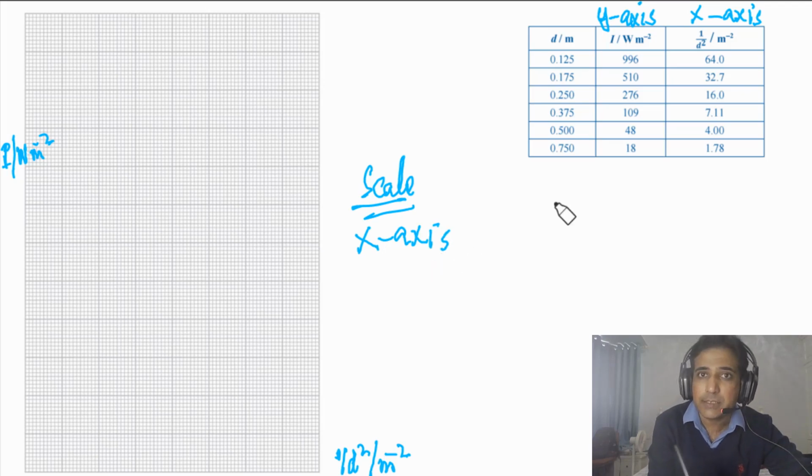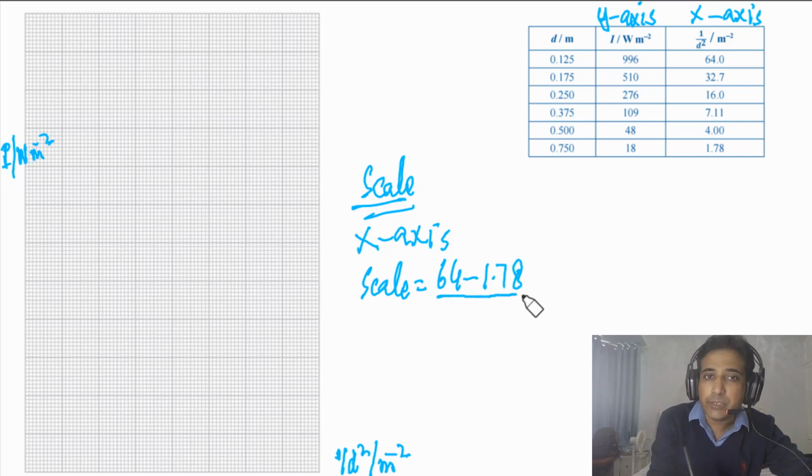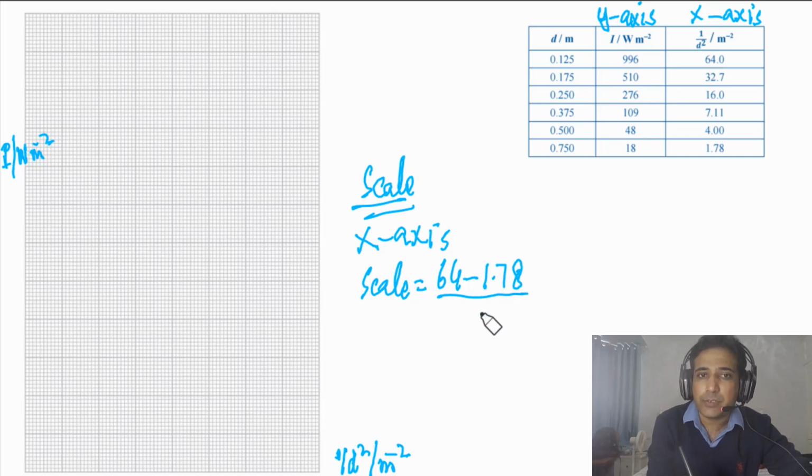The next step is we need to choose the scale along the x-axis, and also along the y-axis. For the x-axis, you can see the maximum value. So how can we choose the scale? Maximum value is 64, minimum is 1.78, and we can divide this by the number of big squares. How many big squares do we have? 1, 2, 3, 4, 5, 6, 7, 8, so we can divide by 8.